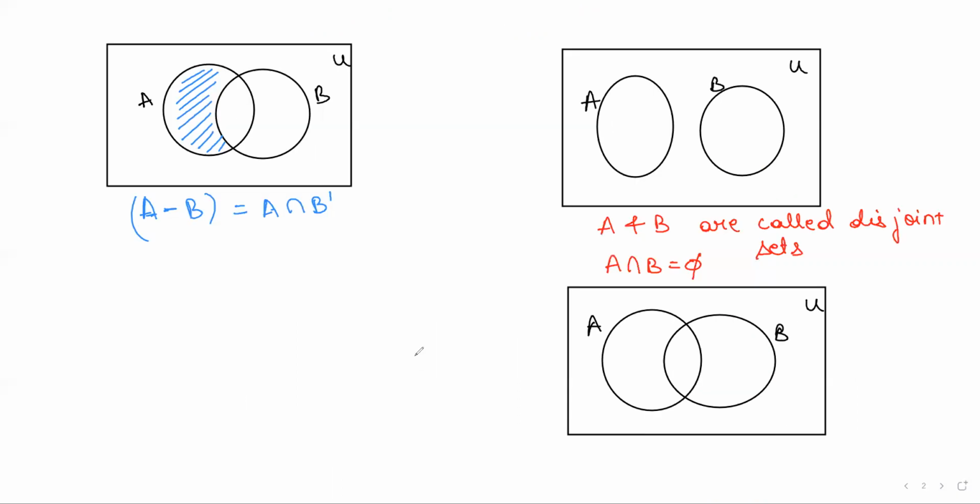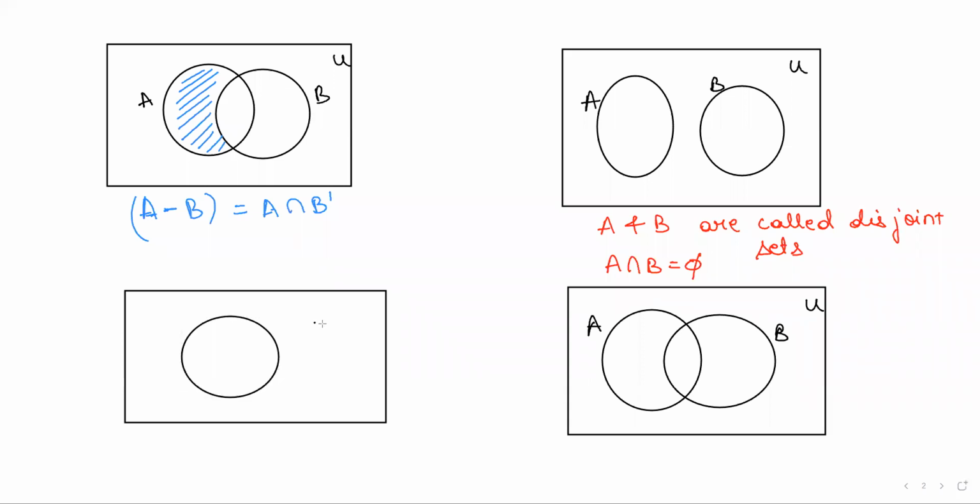Next, let's consider another universal set U and A and B as two sets in it.